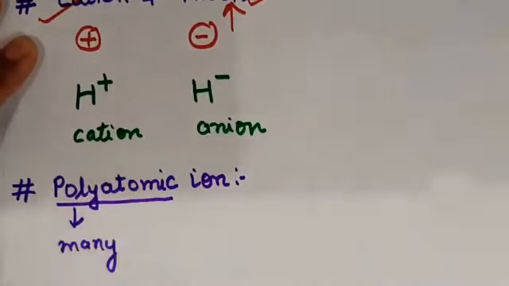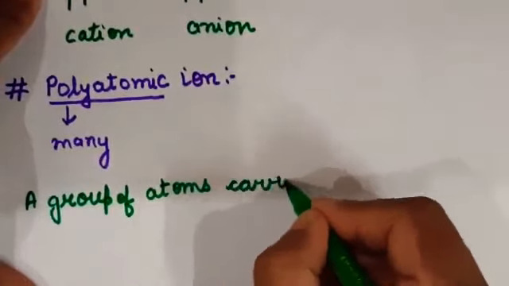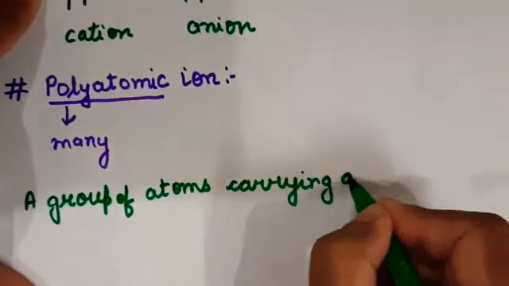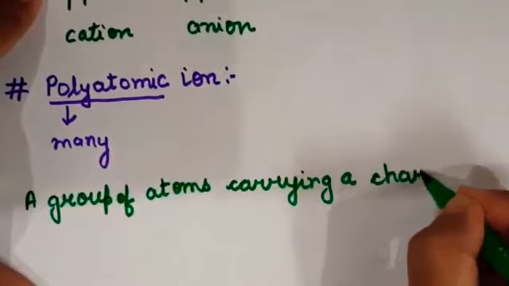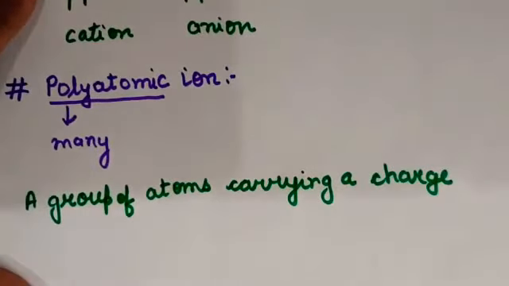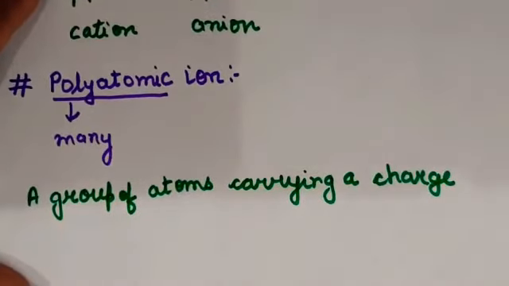So what is polyatomic ion? Polyatomic ion means a group of atoms carrying a charge. That is polyatomic ion. Okay?